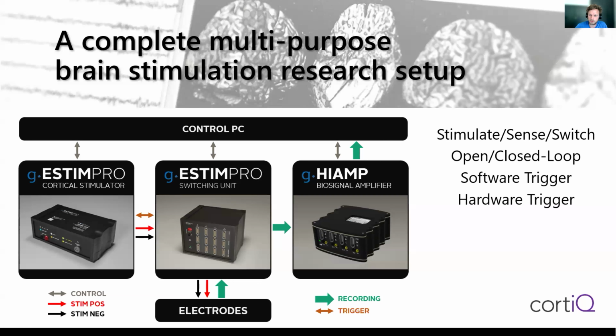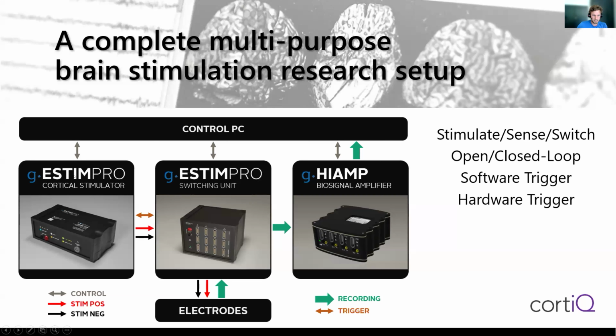We can use 2 different kinds of trigger signals to initiate a switching or a stimulation procedure. One is just doing this by stimulation commands, so just giving an API call via the software. Or if you want to go faster, you can also use hardware triggers. This means they are physically connected with a cable.